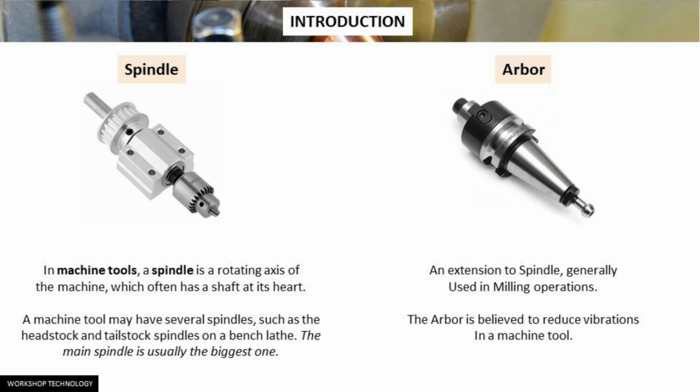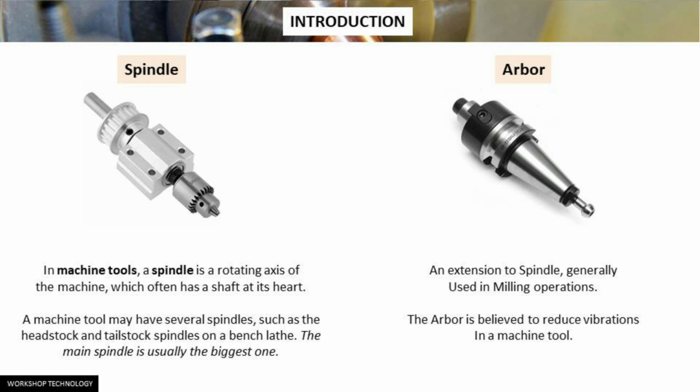In machine tools, a spindle is actually a rotating axis of the machine. It often has a shaft at its heart. A machine tool can have several spindles, such as headstock and tailstock spindles on a lathe machine. However, the main spindle is usually the biggest one.